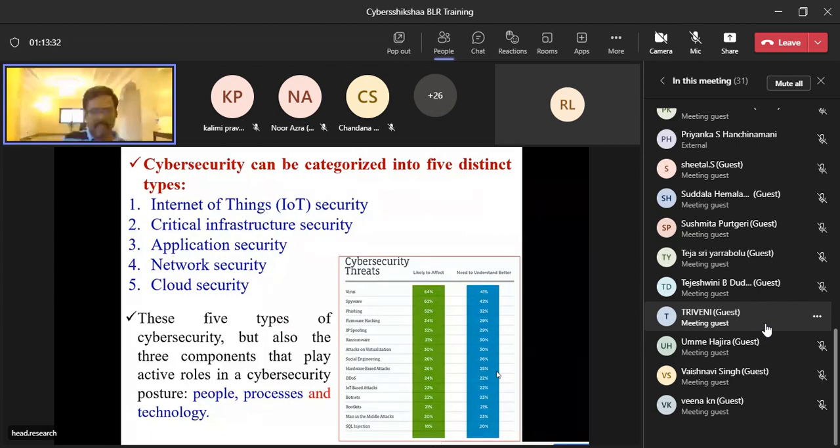Network level security is nothing but a network is a collection of interconnected systems, and how you are providing security for the network level, you can call it network security.